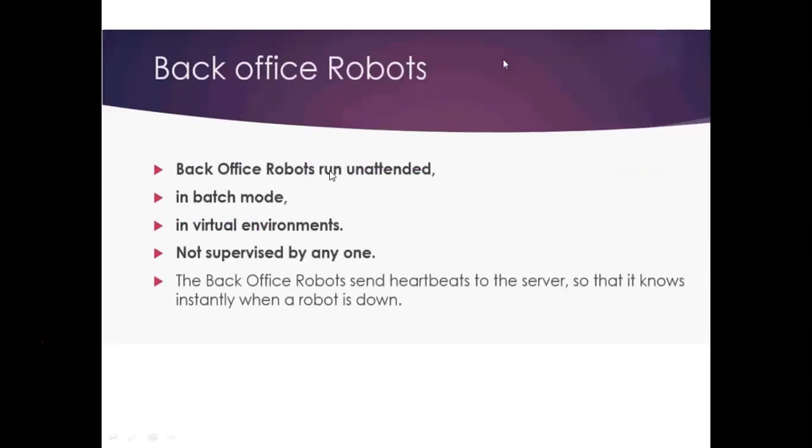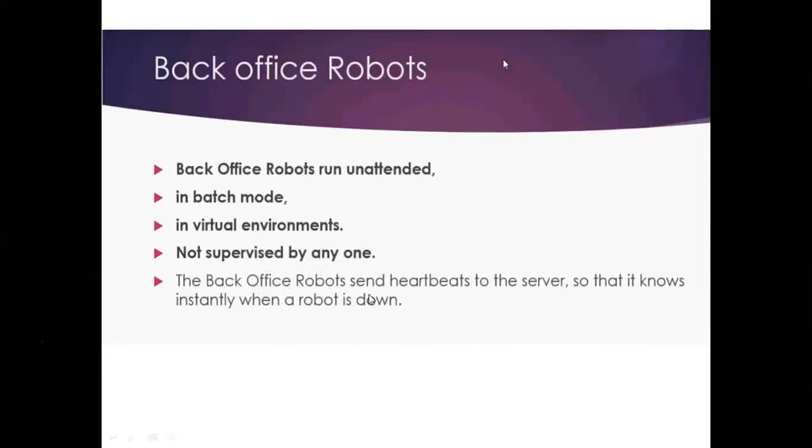Back office robots run unattended. We don't need to attend to them; they automatically execute the business process, in batch mode, in backend execution, in a virtual environment. They are not supervised by anyone; it happens automatically.